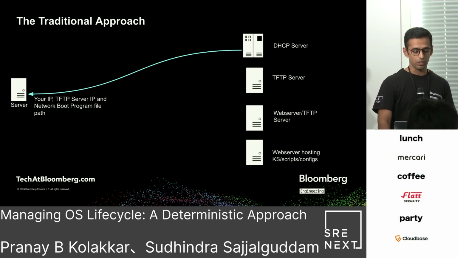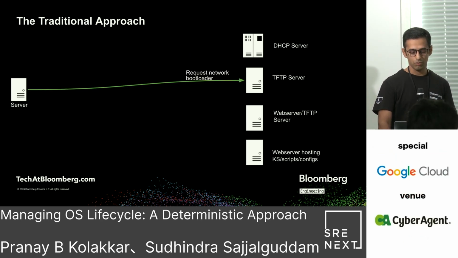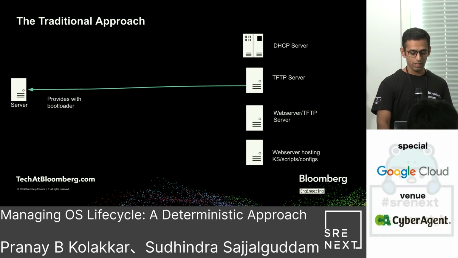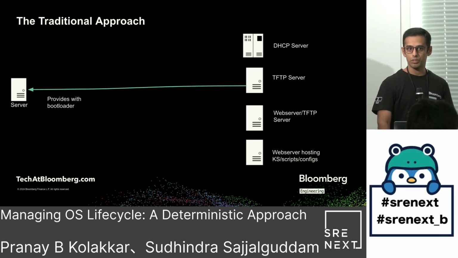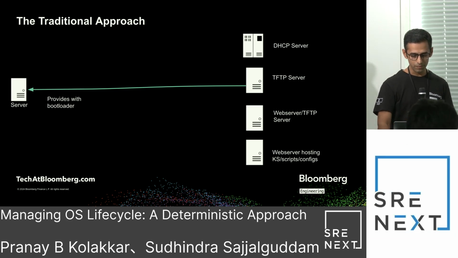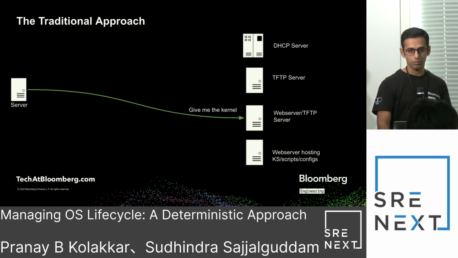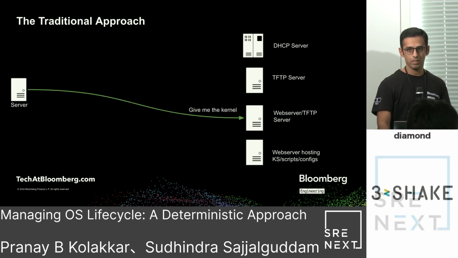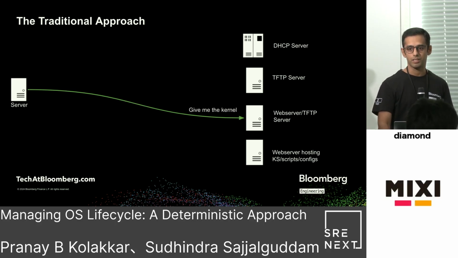The server in question reaches out next to the TFTP server and requests the bootloader. The TFTP server provides the bootloader, the location of which was previously provided by the DHCP server. Once it gets the bootloader, it is going to fetch the kernel, and that, in a data center environment, is generally provided by either the TFTP server or the HTTP server.